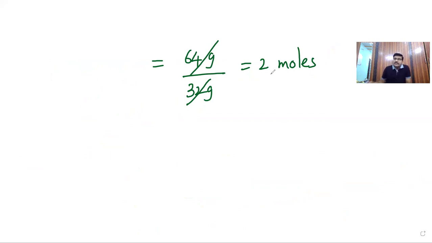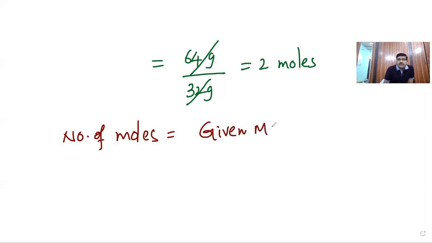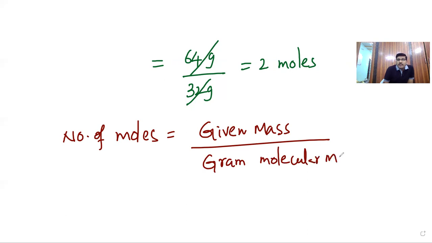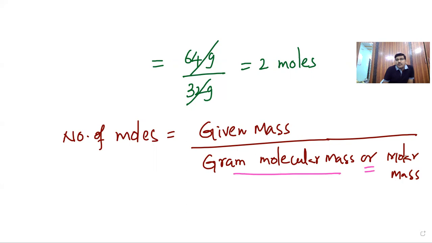Now I am generalizing. I am establishing one formula here. Number of moles is equal to given mass divided by gram molecular mass or molar mass. Observe carefully: gram molecular mass or molar mass.